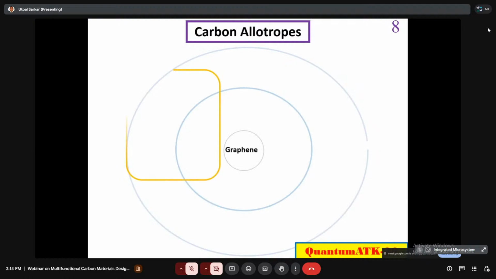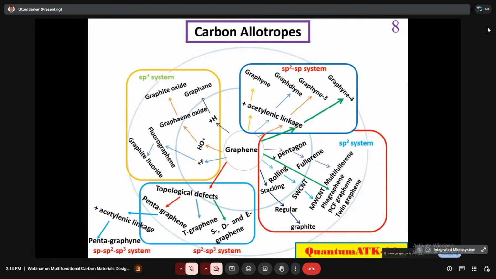Now let's have a look at the carbon allotropes. So here graphene is situated, and then once you functionalize it by hydrogen, you will get graphane, and with fluorination and OH functionalization, you will get graphite oxides. So all these systems are basically sp3 hybridized systems.